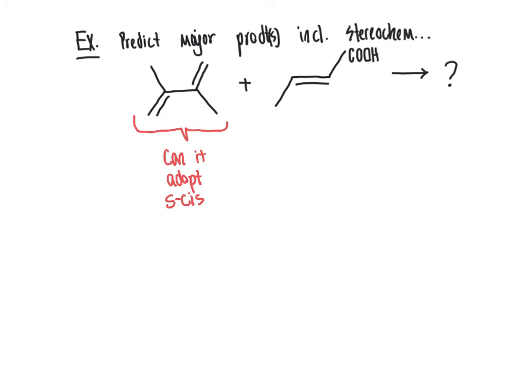And the answer for this particular example is yes. Even though it starts off as S-trans, we can rotate around the carbon-carbon single bond here, showing that rotation in blue, to rotate this bond and bring that alkene group down so that it is oriented on the same face of the molecule as the other alkene group that it's conjugated to.